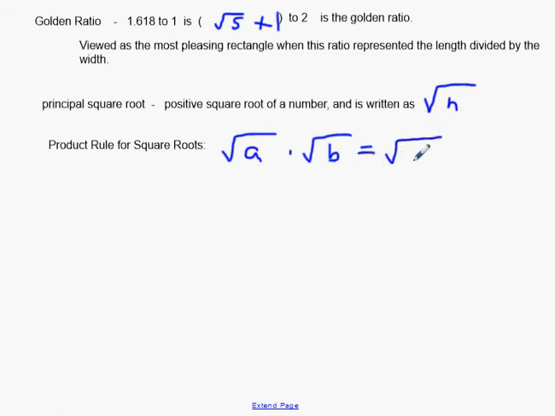And if we can take the square root of the number, we are expected to simplify it. But they both have to be square roots for us to apply this product rule.